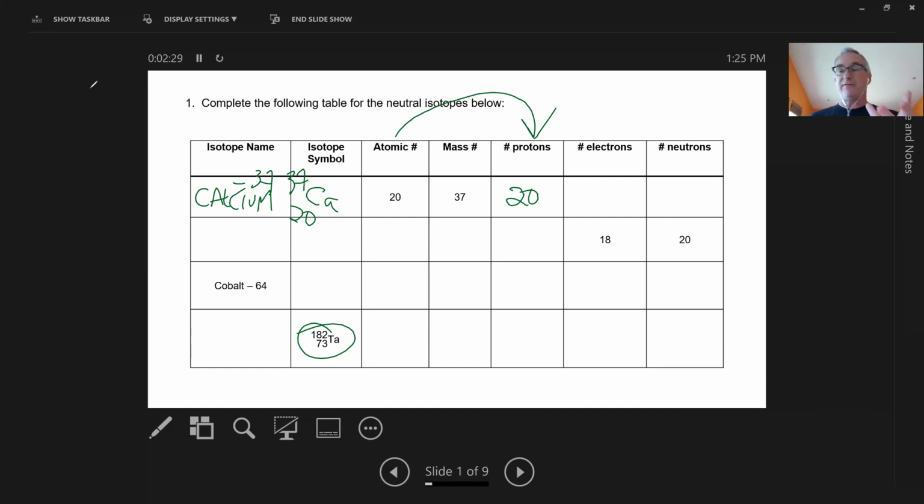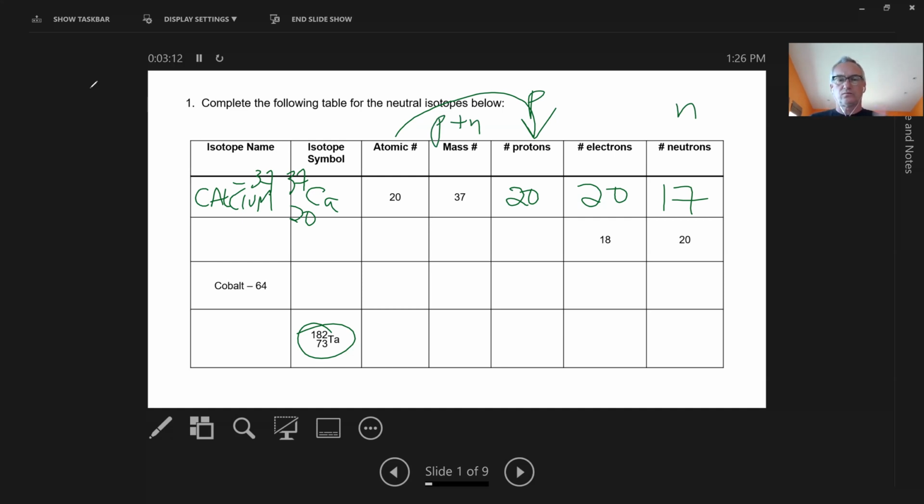If we don't see a plus sign or a minus sign, we immediately have to assume that it's a neutral atom. And if it's a neutral atom, the number of electrons and protons have to be identical. So yeah, 20. Then how many neutrons is it going to have? 17. Yep. So the atomic number plus the number of neutrons will equal the mass. So this is P and this is N. P plus N is the mass.